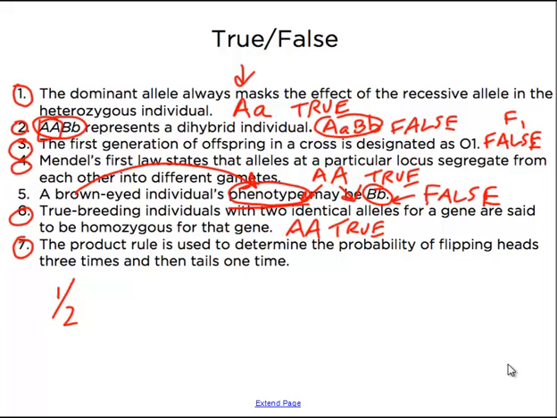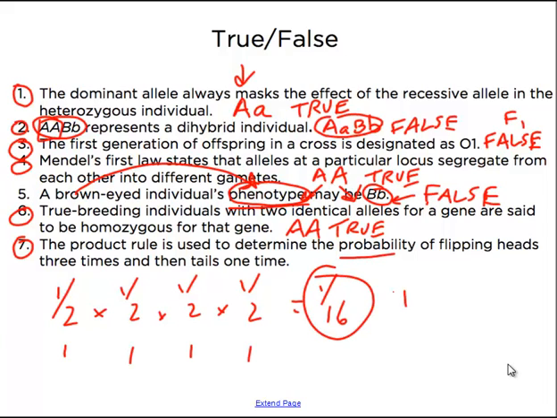You have to say each individual event is different, and that's when you use the product rule. So the first time there's a half a chance of getting heads, then a half a chance of getting heads, then a half a chance of getting heads, then still a half a chance of getting tails, right? They didn't ask you to do the problem. The probability of that exact sequence is 1/16.